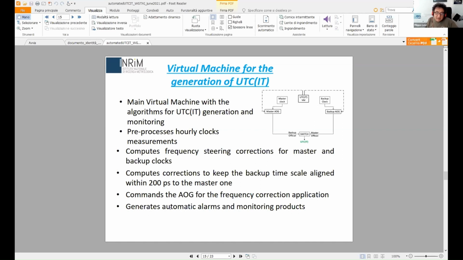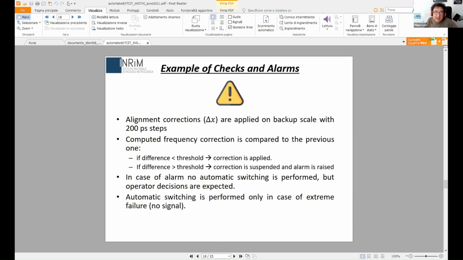Then, if some automatic alarm thresholds are reached, it also produces an alarm and provides it to the technical people of the laboratory.